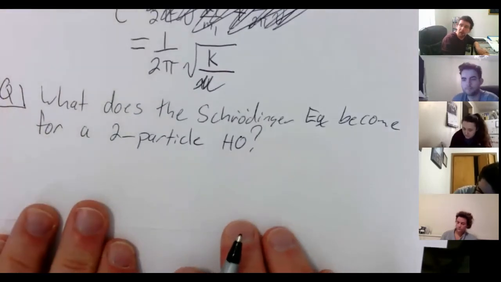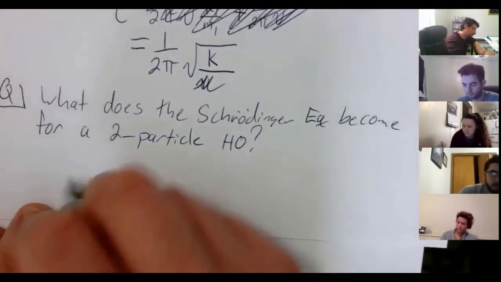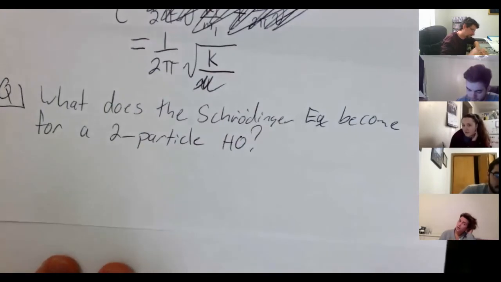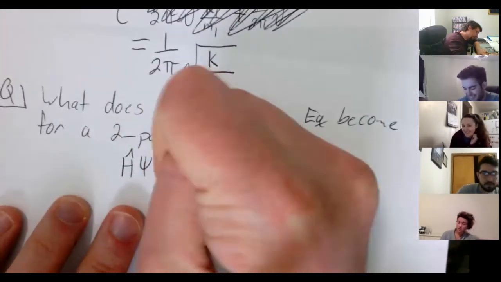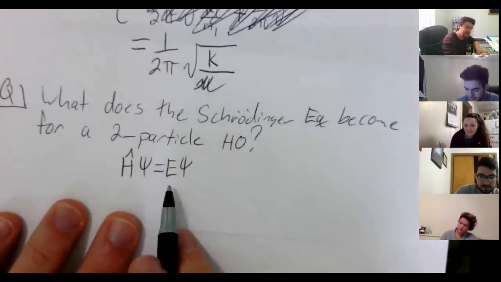Do you guys remember the Schrodinger equation? What's the generic form of it? H hat psi equals E psi. Yep, H hat psi, E psi.